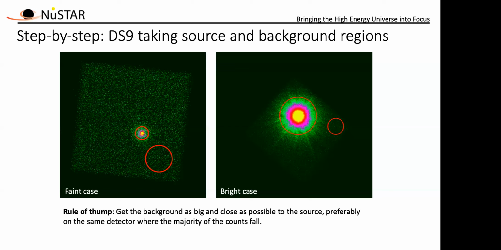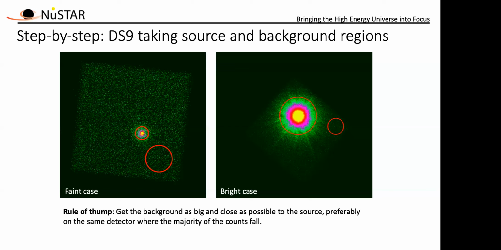There are 4 detectors, and very often your background is instrumental, and each of the detectors has a slightly different instrumental background. So by taking the background on the same detector, you should have the same instrumental background. If you take your background from a different detector, your instrumental background will be slightly different. That's just the unfortunate thing about that.